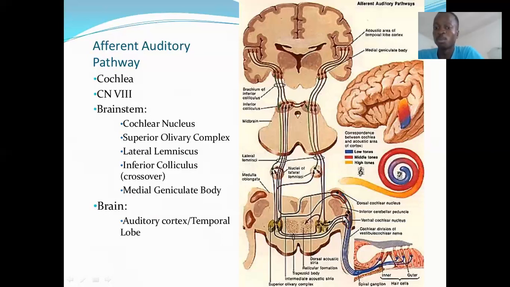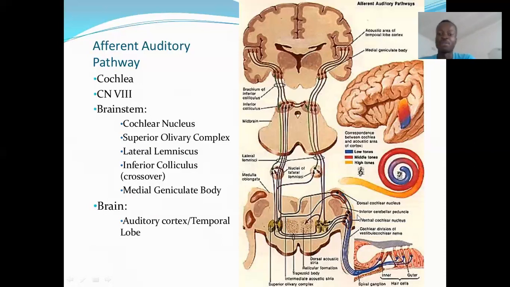Then from your ventral cochlear nucleus, from the portion that has the octopus cells, or from the dorsal portion, you're going to have what is known as the intermediate acoustic stria. This is the intermediate acoustic stria. And notice it's also crossing to go to the contralateral side, right?